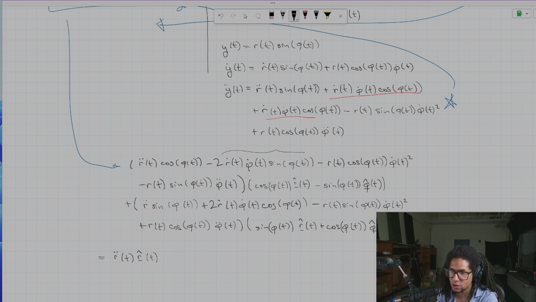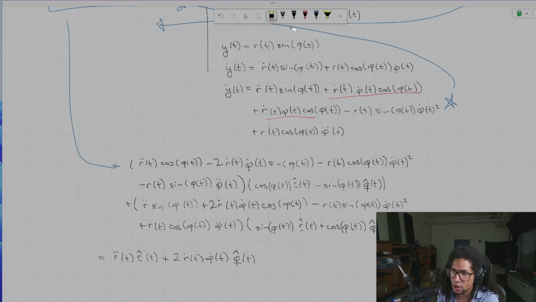Then the phi hat term, let's see. We get plus sine squared here, plus cosine squared here. So we'll get plus 2 r dot of t phi dot of t times phi hat of t. Good. And notice the sines and cosines have actually canceled out in both cases.